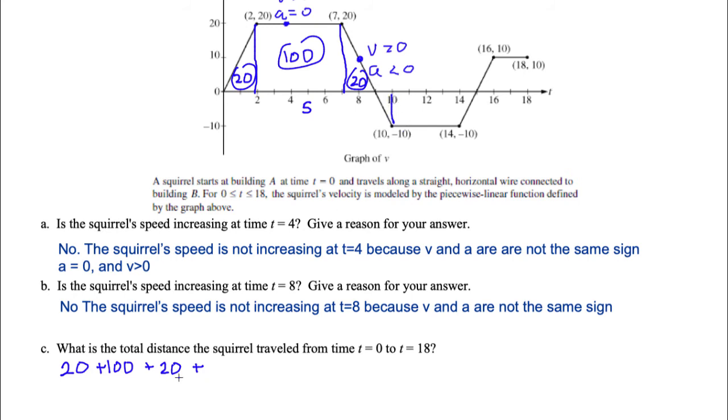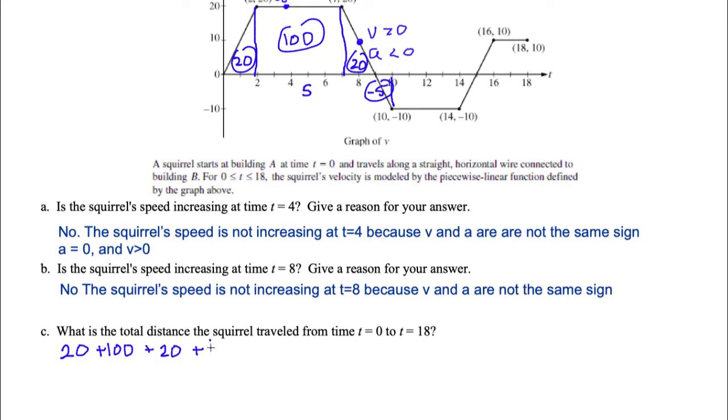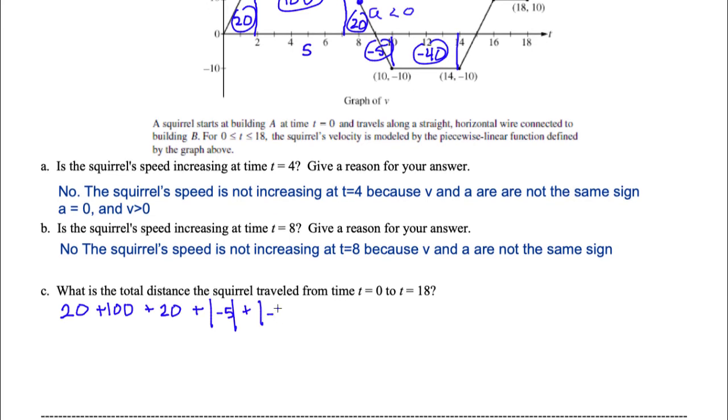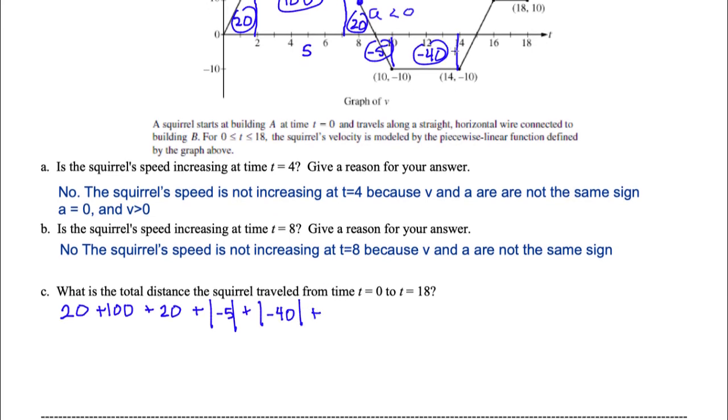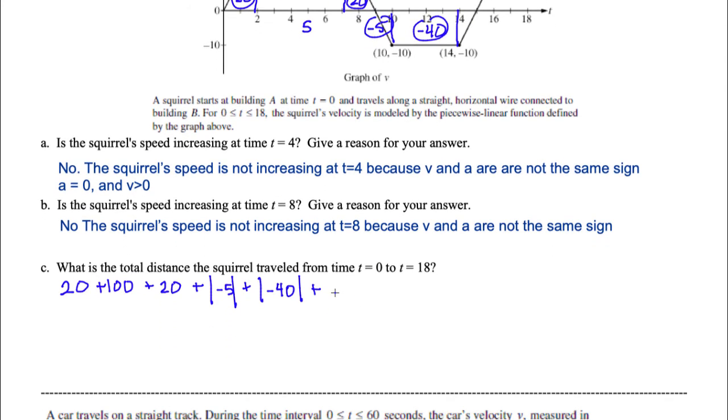Now I have a negative area down here, but I'm going to take the absolute value since it's total distance traveled, not total position change. This is a 10 by 1 triangle, so 10 divided by 2, this is a negative 5. I take the absolute value of negative 5. Plus a 4 by 10 triangle, so negative 40, and I take the absolute value of that, plus the absolute value of this negative 5 again, a congruent triangle, which turns into a positive 5.